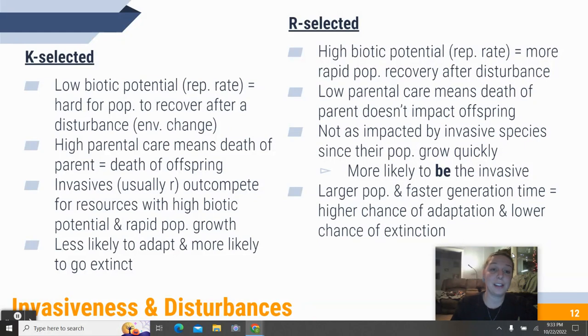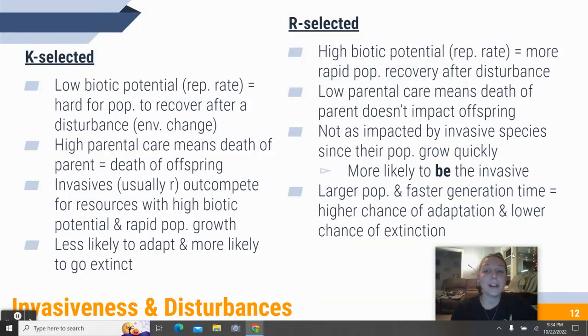So, our K selected, since they have such a low biotic potential, it's hard for them to recover after a disturbance. They just don't produce enough offspring to replace any that were maybe killed off during an environmental disturbance. Whereas our R selected is opposite. Since they have a high biotic potential, they have a much quicker population recovery after some kind of disturbance.